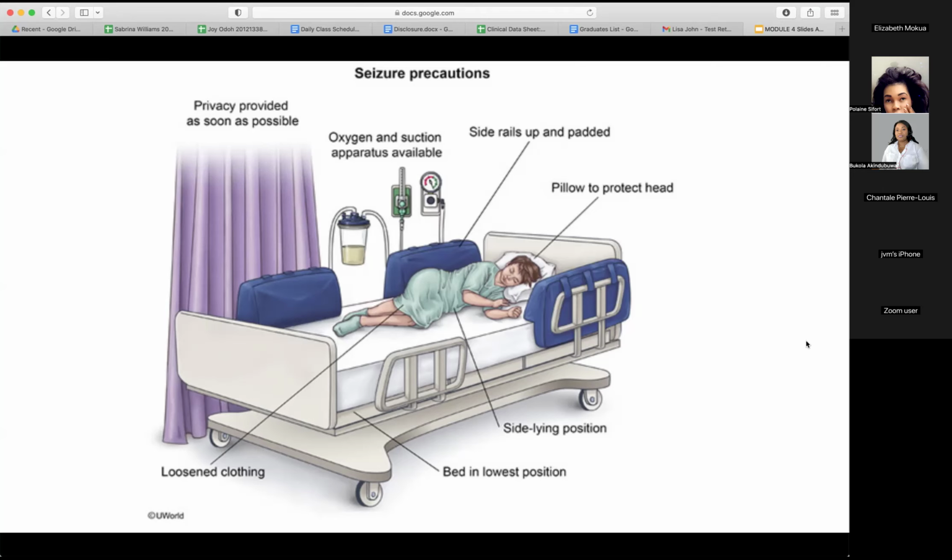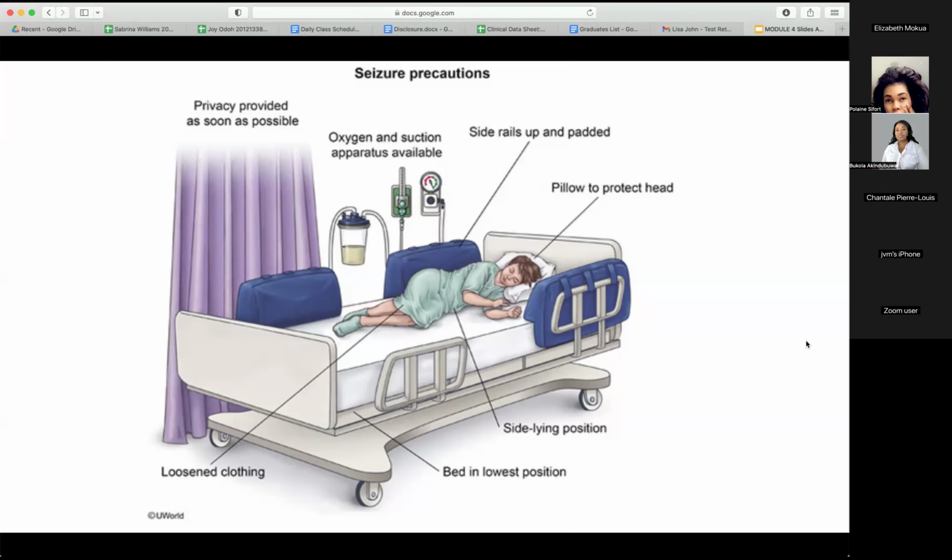Can you tell me why? To prevent aspiration. Excellent. Because you don't know when they're going to have a seizure, correct? So if they're laying on their back, could they choke on their secretions? Yes, whatever can come out by gravity. Exactly. So it's better for them to be on their side.